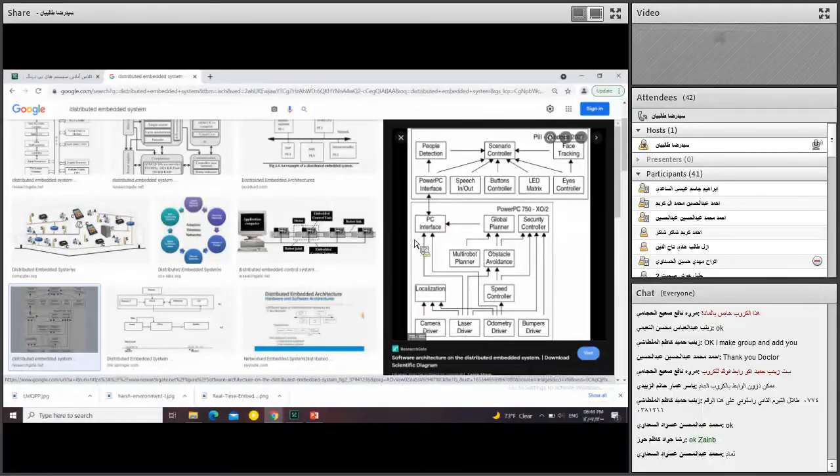This is the processing part. This processing part is a PC interface, and then we can see a camera driver, laser driver. It will be the output of the processing part.